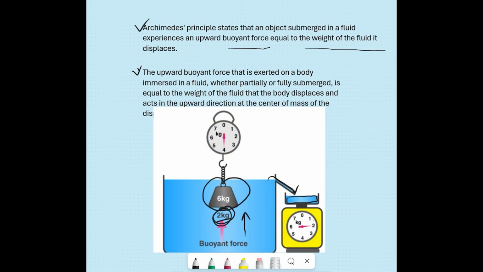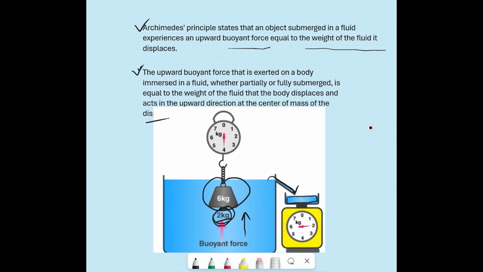In other words, the upward buoyancy force exerted on a body immersed in a fluid, whether partially or fully submerged, is equal to the weight of the fluid that the body displaces, and acts in an upward direction at the center of mass of the displaced fluid. This is the basic postulate of Archimedes law.